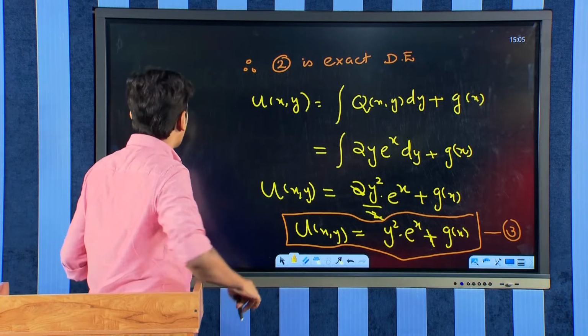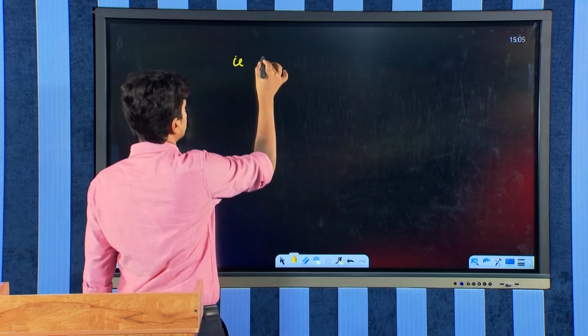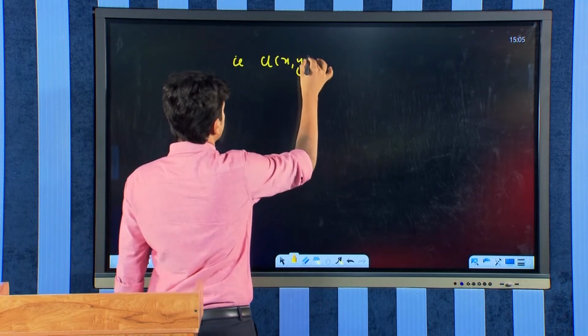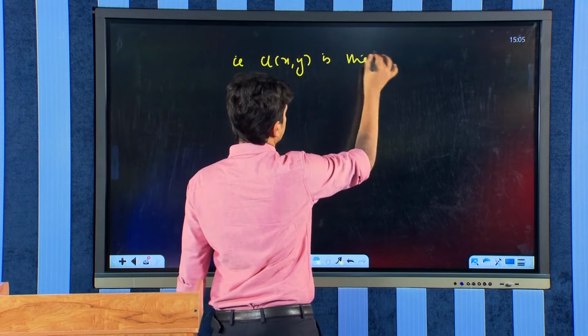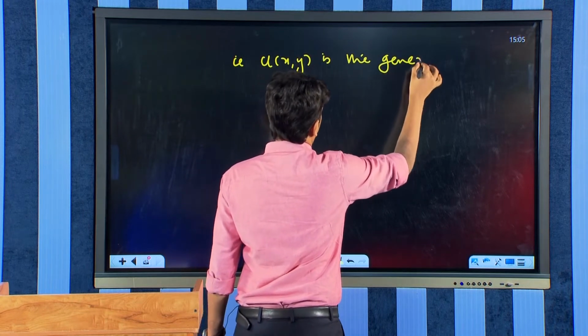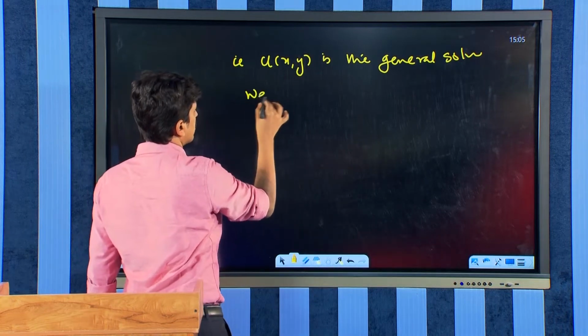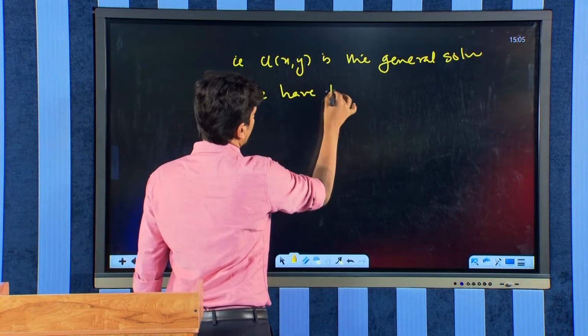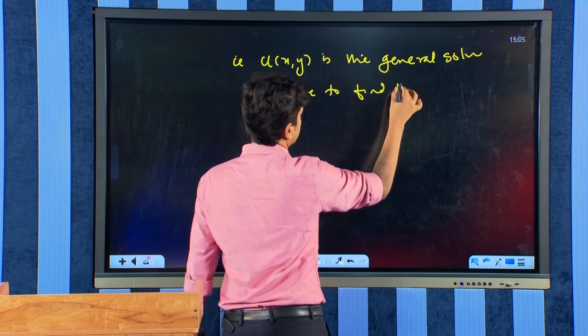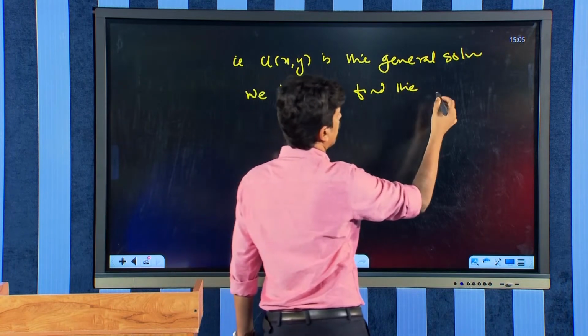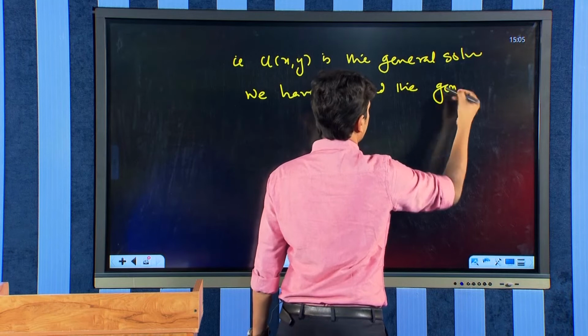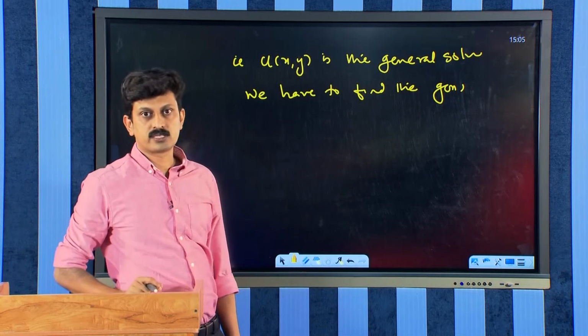So u of x y is the general solution. We have to find g of x.